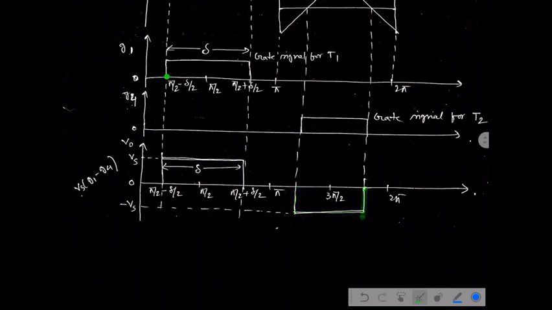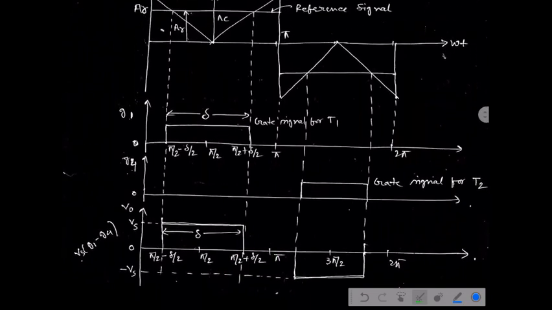And similarly, where the gate pulse we have implemented is confined to the region of each peak, defined by the same angle. That means it will start from pi by 2 minus delta by 2, and it will be pi by 2 plus delta by 2. So this is all about single pulse width modulation.